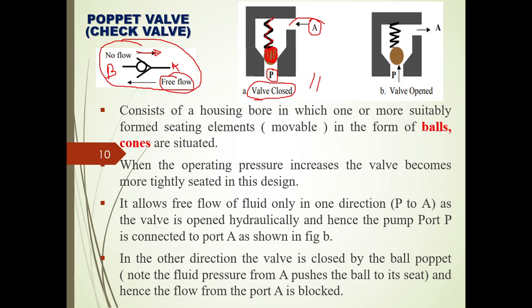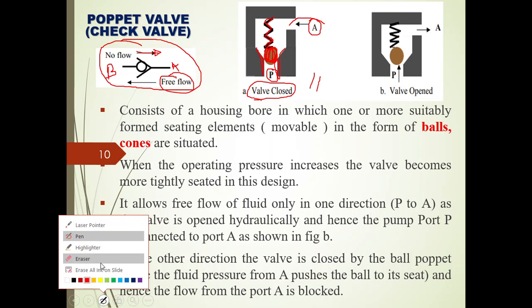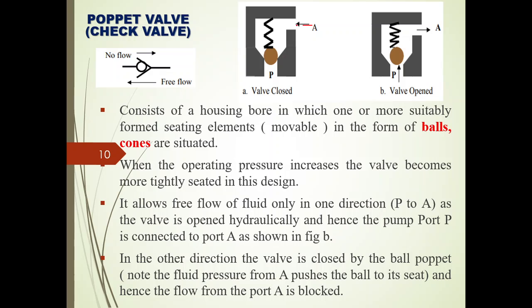Right? Already we are having the spring force here, which is making the ball or the poppet sit in the seat. This is called the seat, right? Along with that, we are having the fluid pressure also, so that it will be tightly held in the seat itself, so that there will not be a flow from A to P, right?